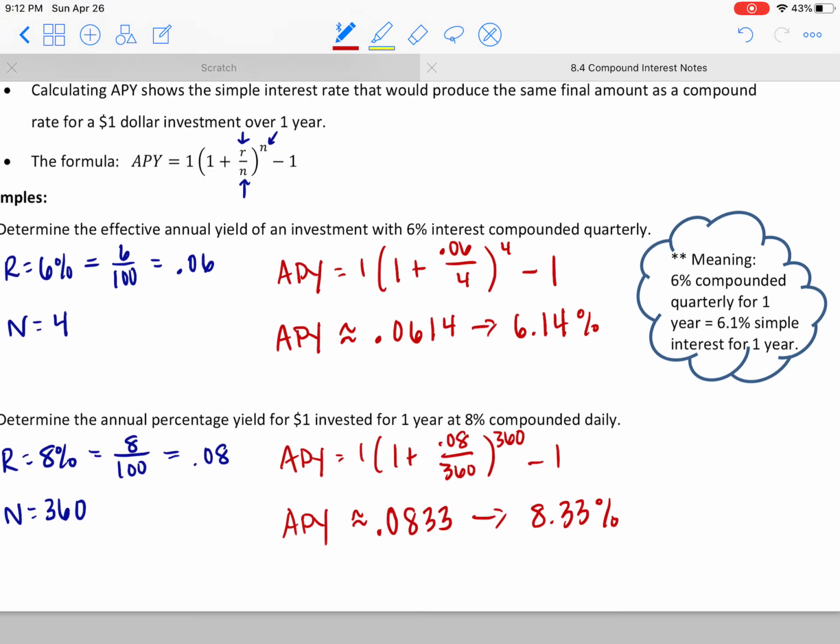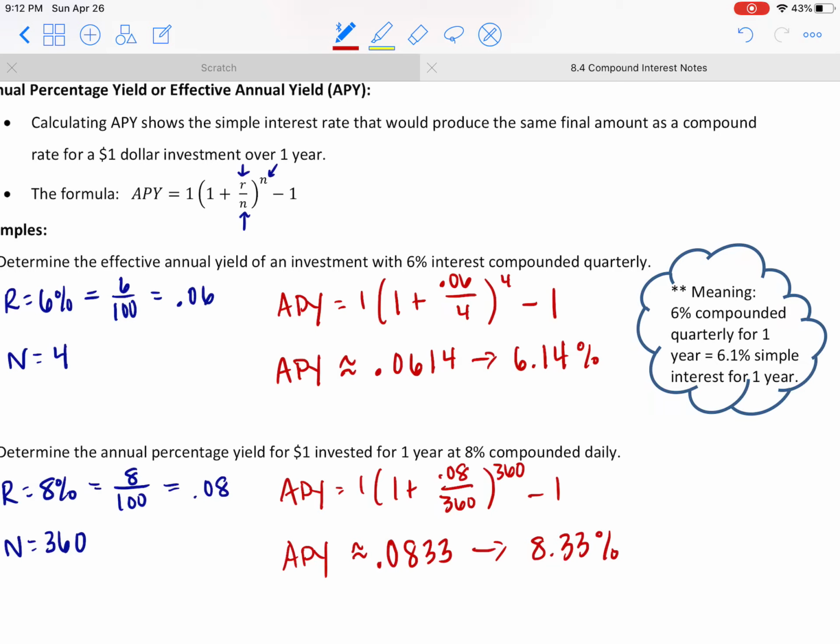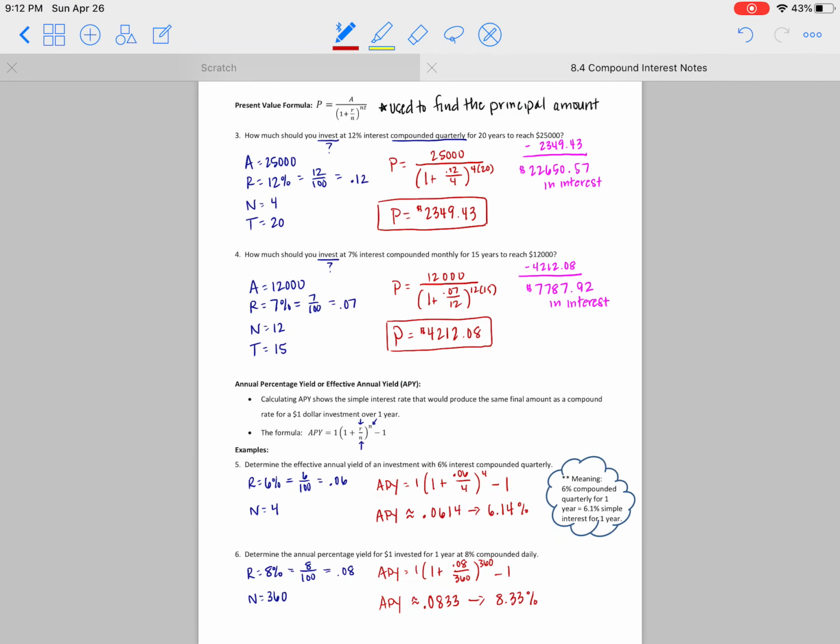All right, so about 0.0833, 0.833. So that is about 8.33%. Okay, so what this means is 8% compounded daily for a year would be giving you the same final amount as 8.33% simple interest for a year.